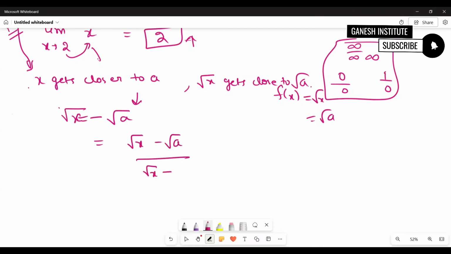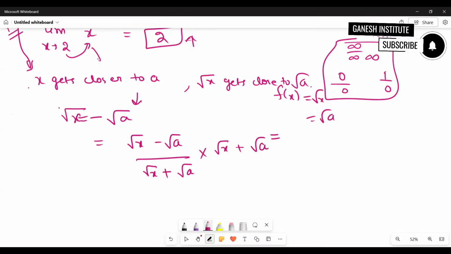I'm multiplying it with the conjugate, meaning with the opposite sign, just to get rid of the root value from the numerator, and we'll see what to do with the denominator. So this is (a plus b)(a minus b), so a square minus b square. Is this fine?